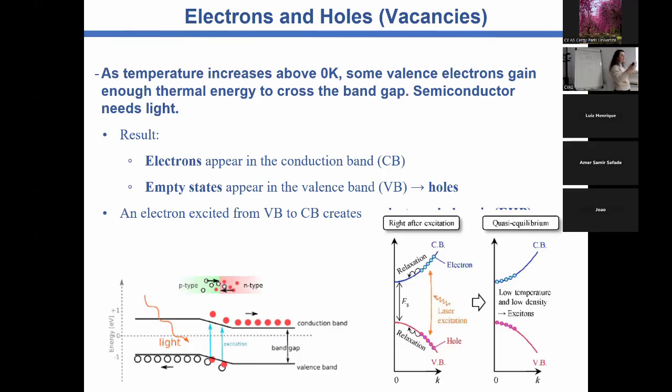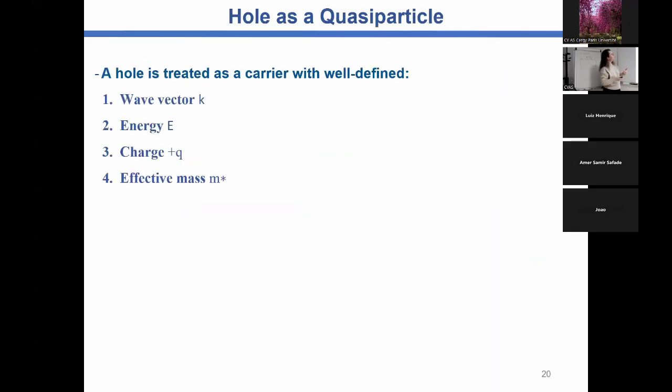So the electron has an effective mass, and the hole has an effective mass, and they are different because the mass is related to the inertia of the particle inside the material. So in terms of the hole, here we have a lot of atoms that bind the hole, and we don't have a lot of atoms in terms of energy to bind this electron. So the effective mass of the electron is lower than the effective mass of the holes.